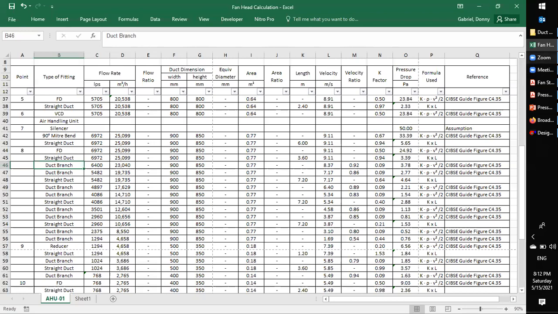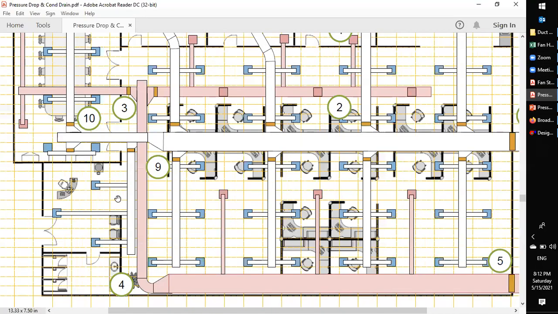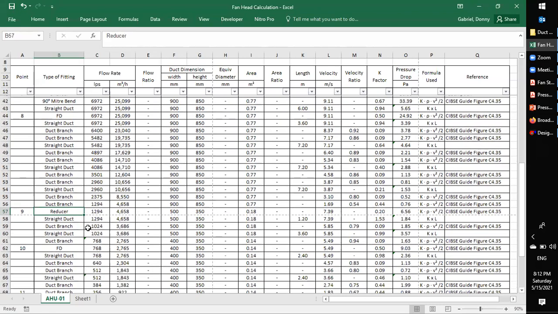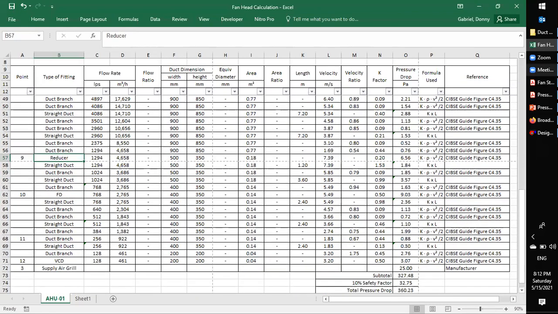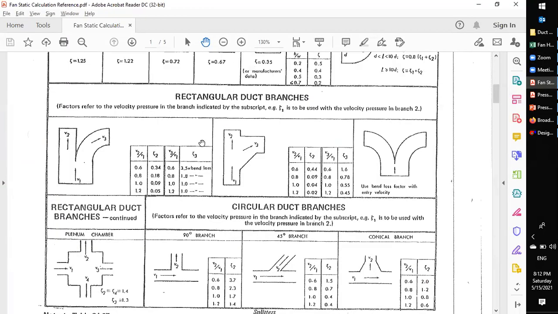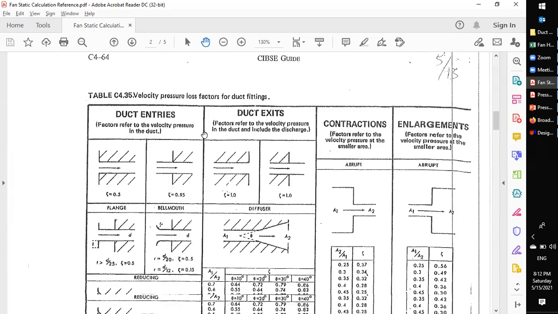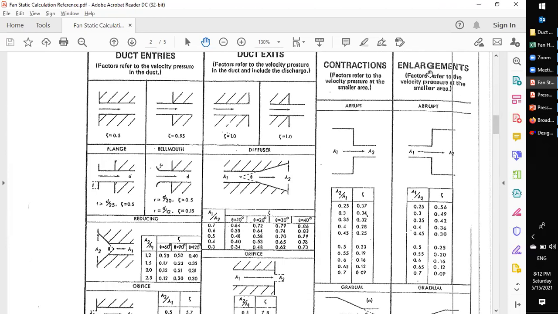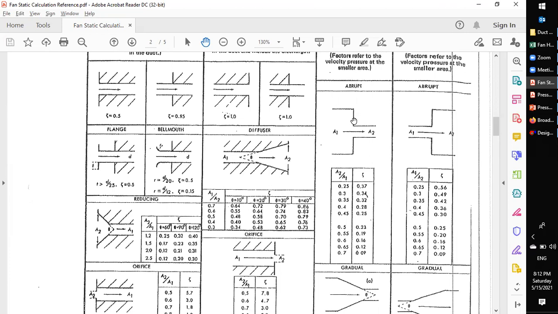And reducer, sorry. So this point is reducer at 0.9. Reducer at 0.9 is here. Similar to the earlier calculation for enlargement, this one is contraction.